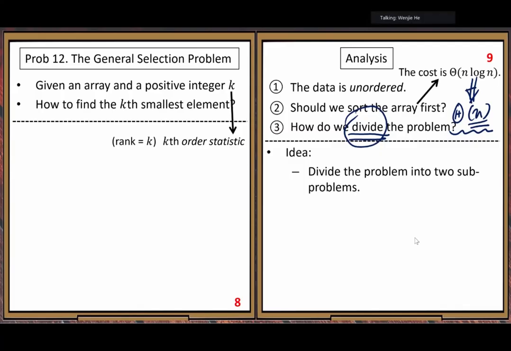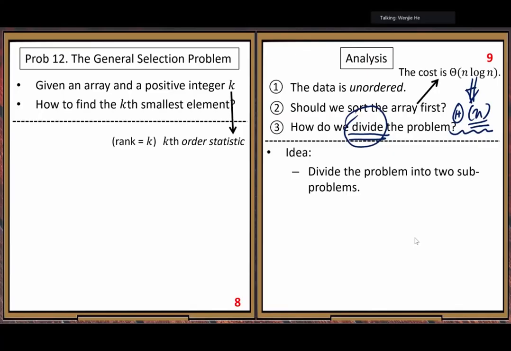Divide the problem into two subproblems, two subarrays. Then the element with kth order statistic falls in one of the two subarrays. So by the elimination method, you can drop one of the two subarrays, just like binary search. But here, the challenging part is the array is unordered.